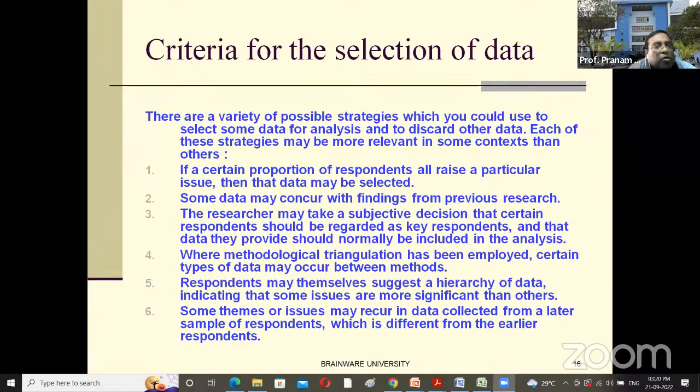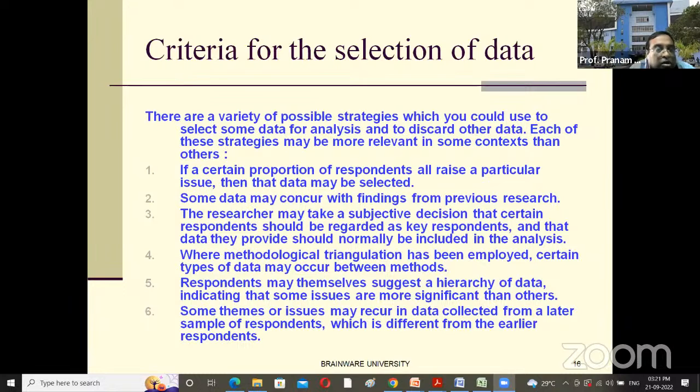Now, criteria for the selection of data. There are a variety of possible strategies which you could use to select some data for analysis and to discard other data. Each of these strategies may be more relevant in some contexts than others. If a certain proportion of respondents all raise a particular issue, then that data may be selected. Some data may concur with findings from previous research.